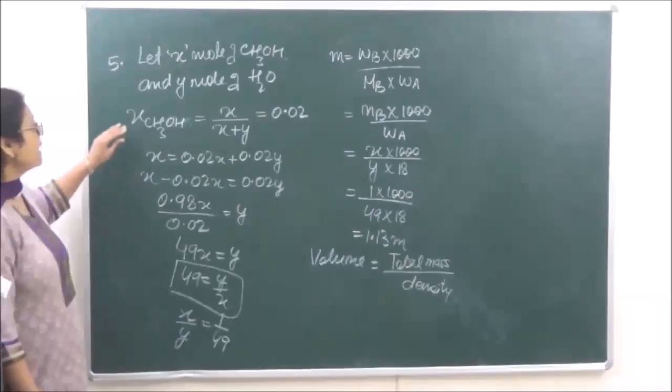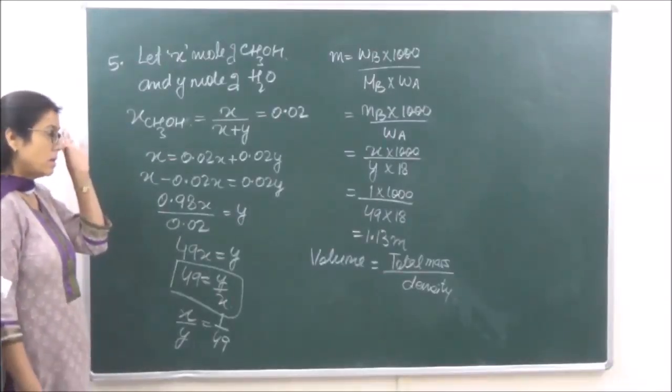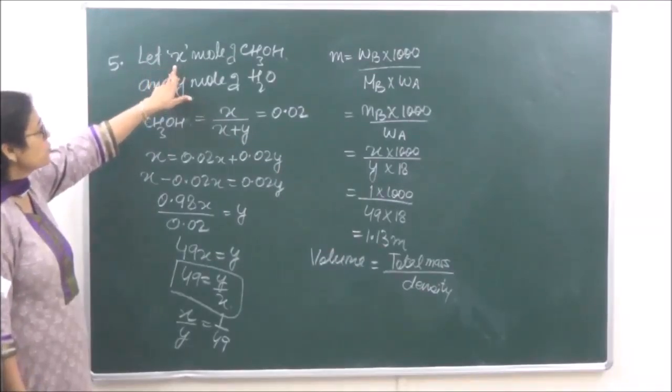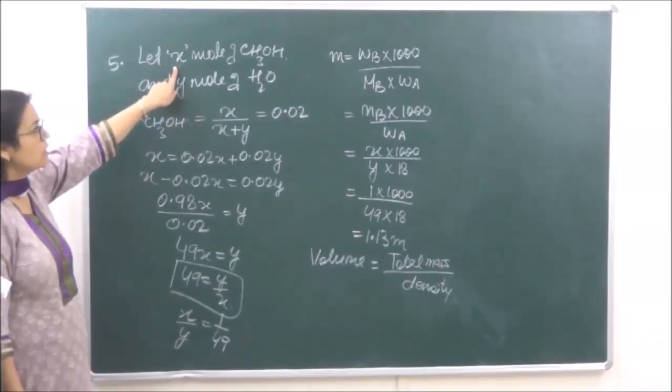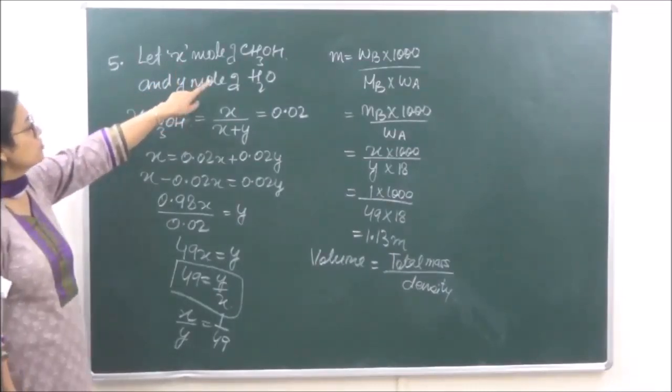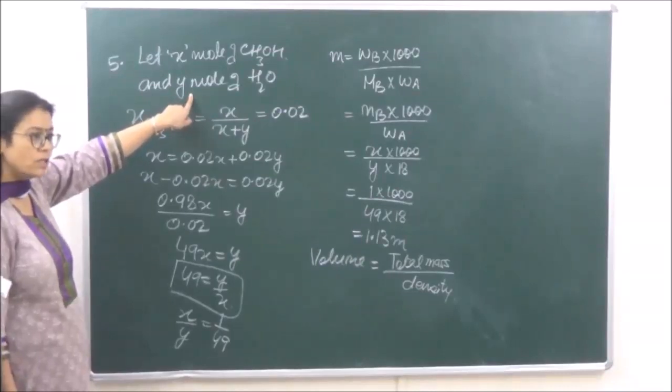Total mass means mass of CH3OH and mass of water. If the number of moles of CH3OH is X, then X into its molar mass will become equal to the weight of CH3OH, and Y into 18, the molar mass of water, will give us the weight of water.